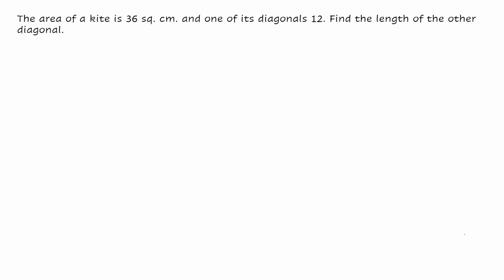Okay, let's move on to the next question. The area of a kite is 36 square centimeters and one of its diagonals is 12 centimeters. Find the length of the other diagonal. So if this is your kite, so let's just draw a typical figure of a kite.